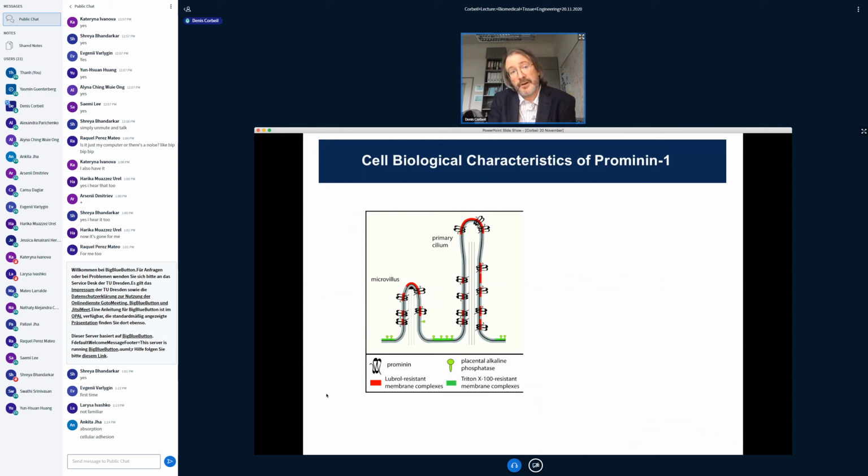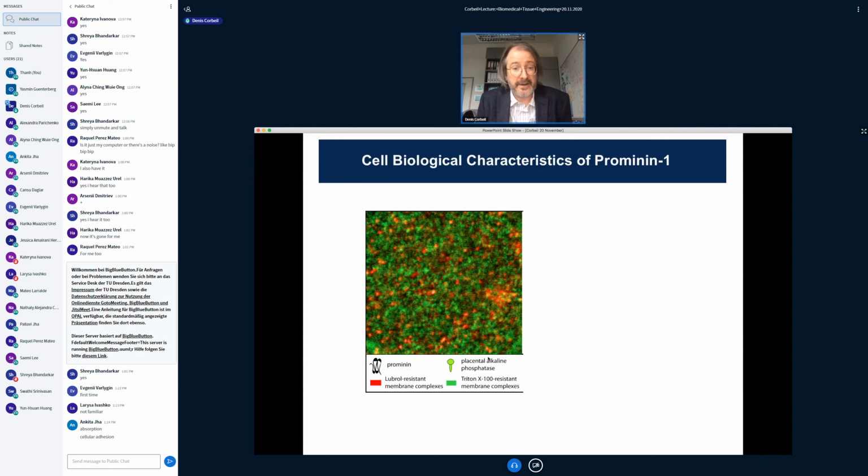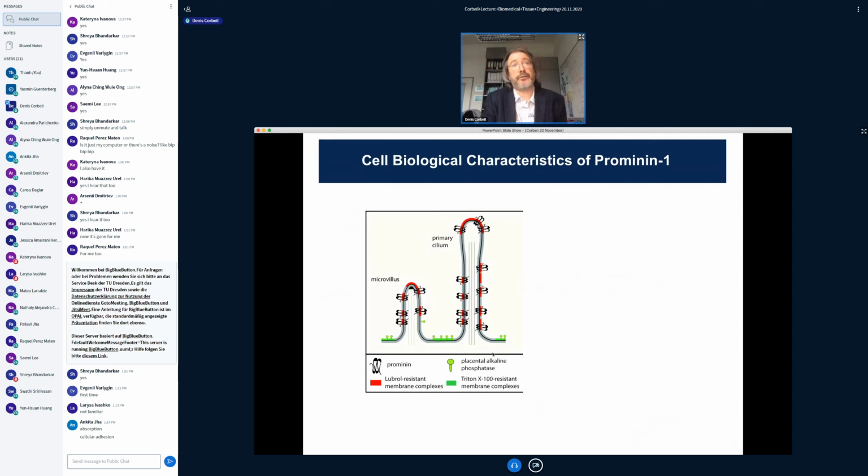And if these are not artifacts, we should be able to see in vivo what happens to these two proteins. So we label the cell with antibody against either prominin-1 or the placental alkaline phosphatase here. And what we can observe is that both proteins are not together. So they are going into different types of membrane microdomains and also structures.